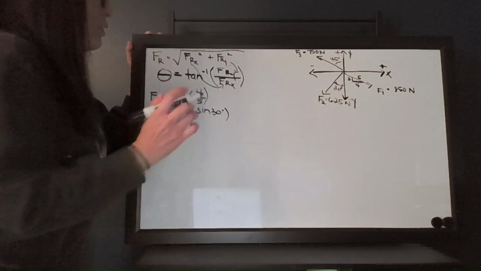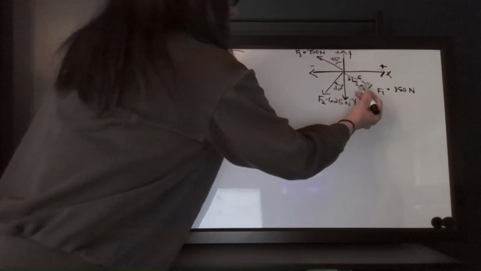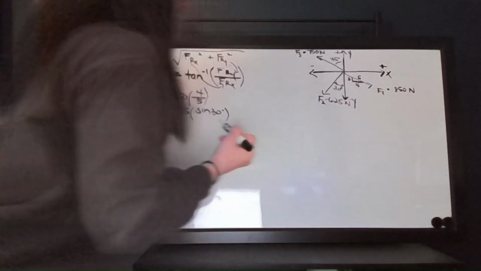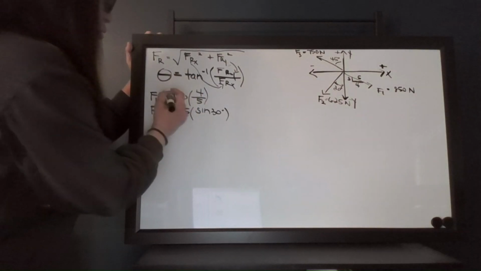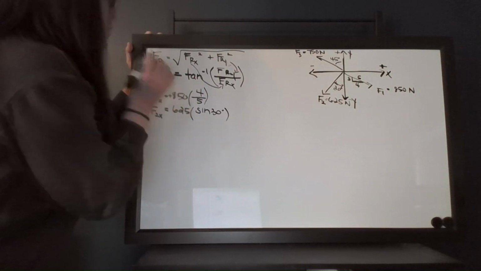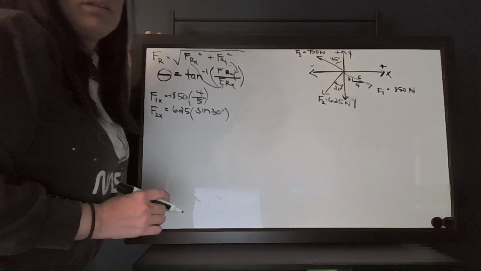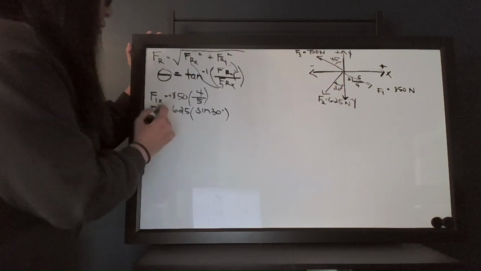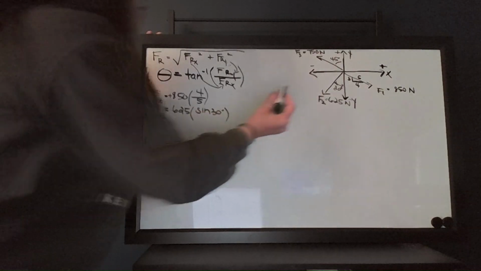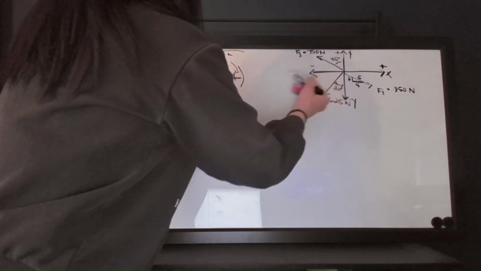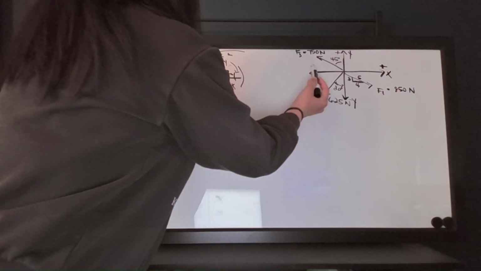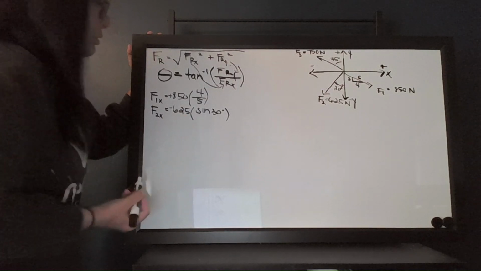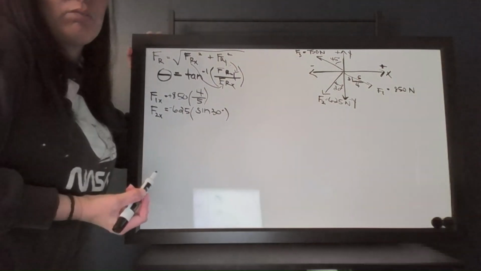This force is pointing in the positive x direction, so this is going to be positive 850. Now this F2x is pointing in the negative x direction, right? So this is in the negative zone. So we're going to put minus 625 sine 30.